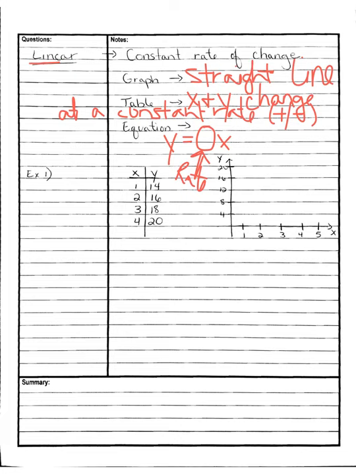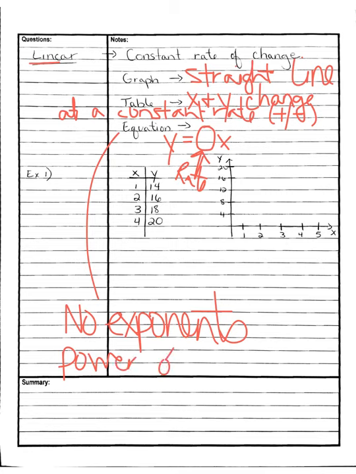The biggest thing we need to think about when we look at linear equations is that we have no exponents. I'll write this down here. No exponents. We're going to have the power of 1. Our next lesson will be on nonlinear, and we can talk more about what those look like.